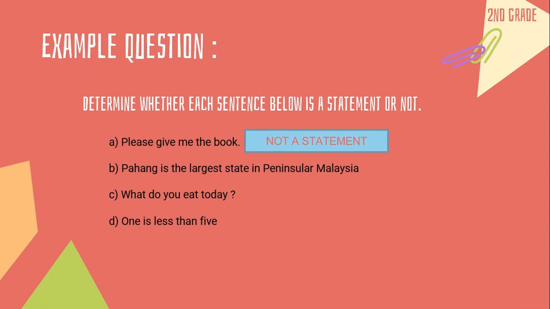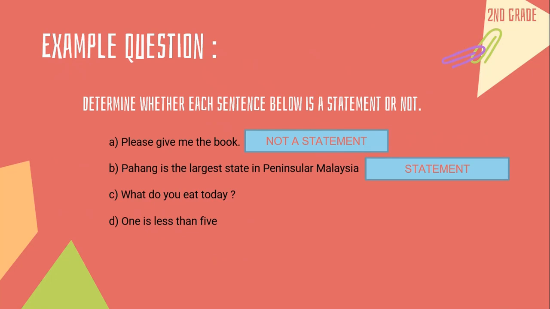Okay, the next question. Pahang is the largest state in Peninsular Malaysia. So in this sentence, we know that Pahang is the largest state in Peninsular Malaysia and it is true. So we know the truth value of the sentence. So this is a statement which is a true statement.